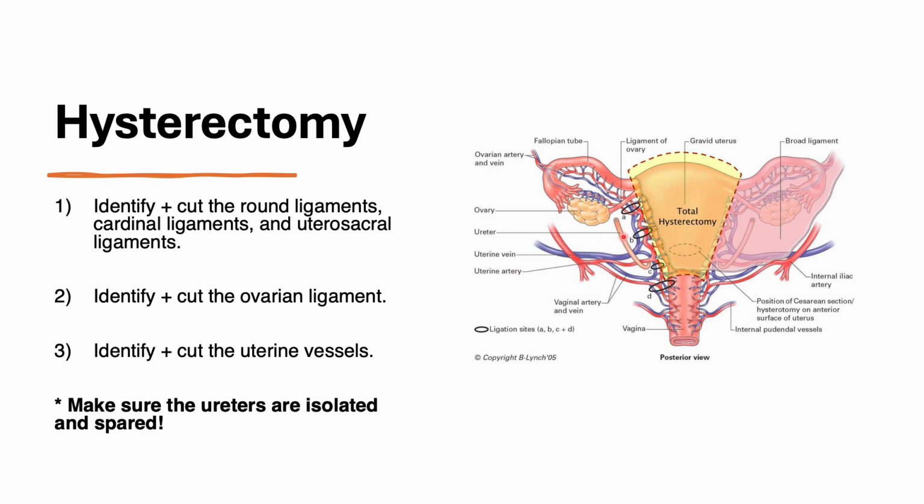Then you want to identify and cut the ligaments of the ovary, and then identify and cut the uterine vessels. The uterine vessels are over here, the uterine vein and the uterine artery. What you don't want to do is, if you look right here, that's the ureter. You do not want to cut the bilateral ureters. You want to dissect them out, isolate them, and make sure that they're spared.